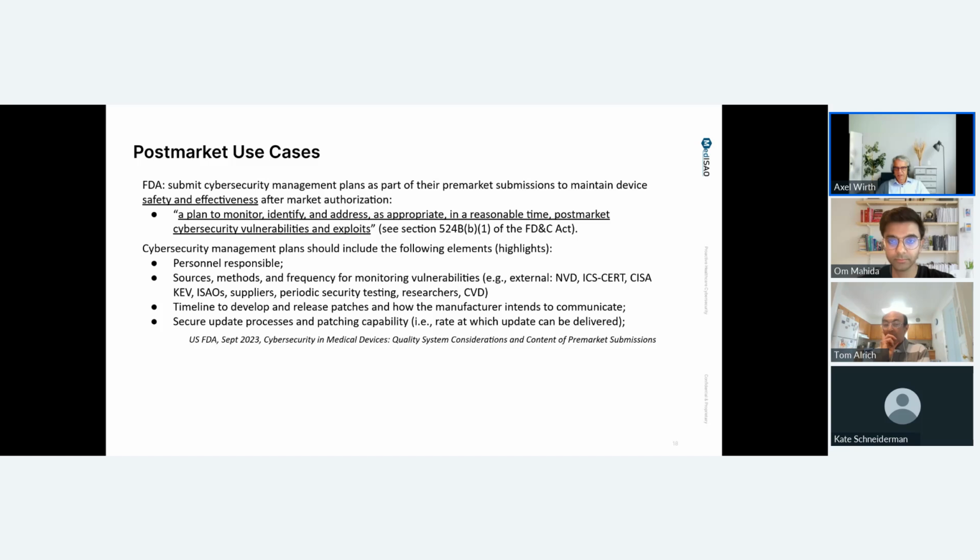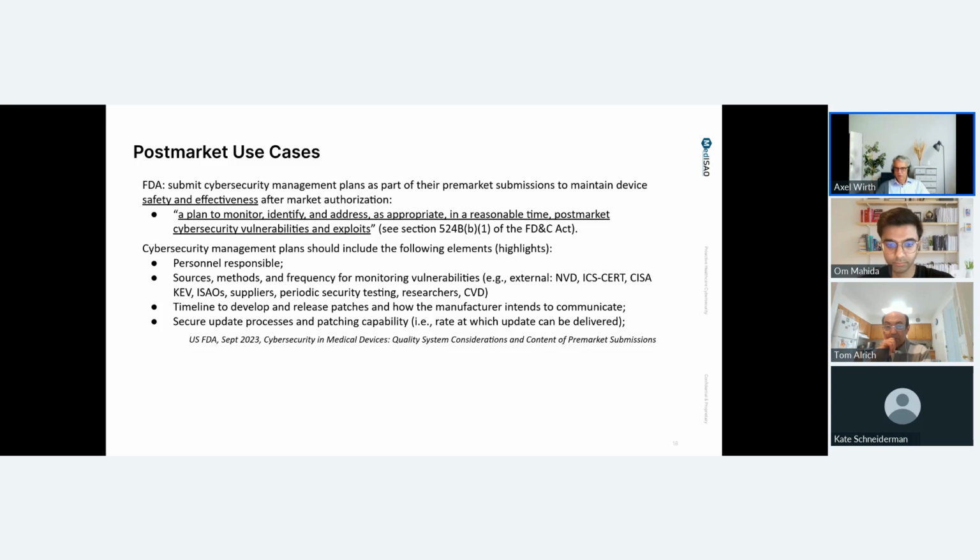Right. So in fact, the FDA is now requiring that in your pre-market submission for market clearance, you need to include a plan to monitor, identify, and address as appropriate in a reasonable time post-market cybersecurity vulnerabilities and exploits. Right. And SBOM is not the only tool, but it is certainly one of the key tools here.